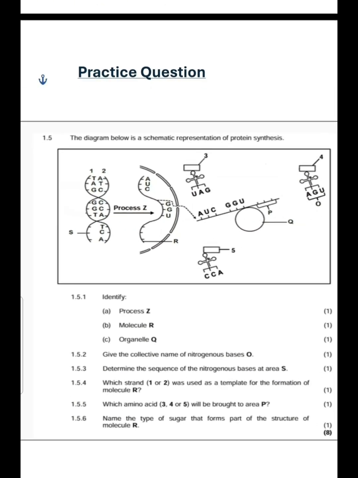They say, which strand, 1 or 2, was used as a template for the formation of molecule R? So between 1 or 2, which strand is used as a template? How do we identify that?